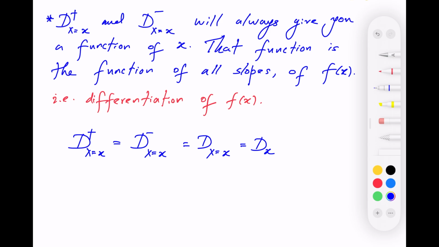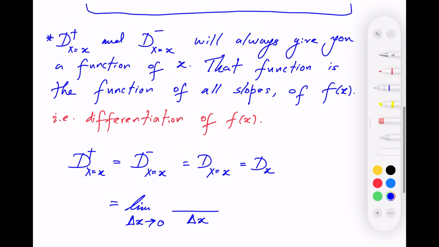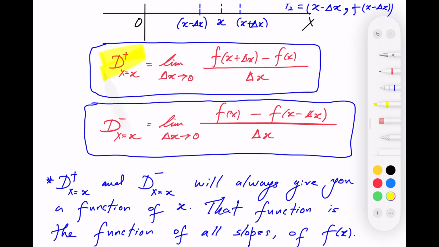There are some other notations also possible. Another notation for the same differentiation is limit delta x approaches 0. The denominator is delta x, but if you look at the numerator, whether it is the right-hand differentiability or the left-hand differentiability, the numerator has the difference of y coordinates.